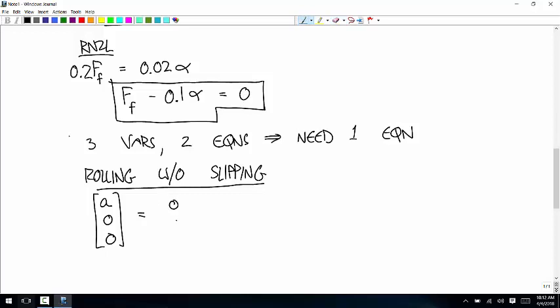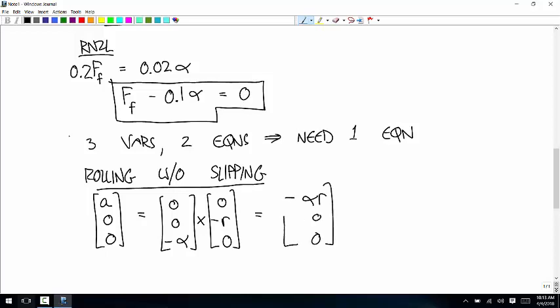Negative, so 0, 0, negative alpha crossed with 0, negative R, 0. Or this, or A is equal to negative alpha R. I think this is the way I wrote it. Ignore this stuff.